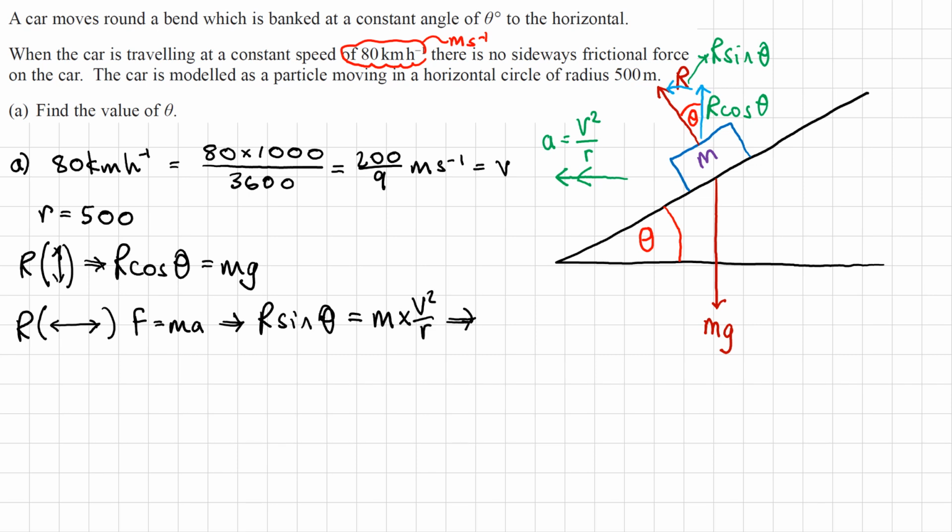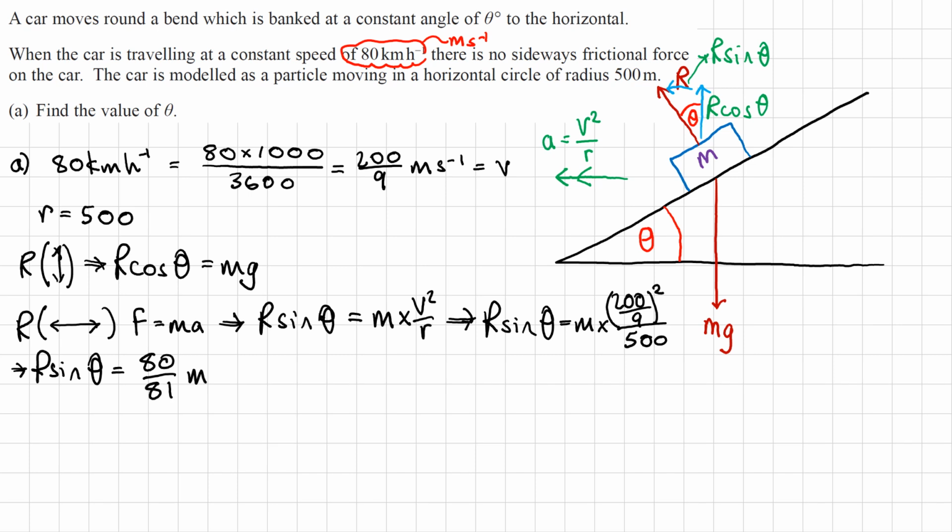Now I have v and I have r, so R sine theta is equal to m times by v squared, so that's going to be 200 over 9 squared, divided by the radius 500. So working that bit out, I will have R sine theta is equal to 80 over 81 m.